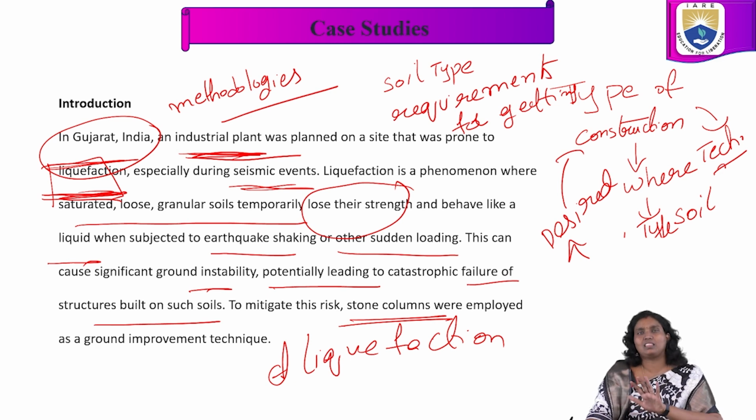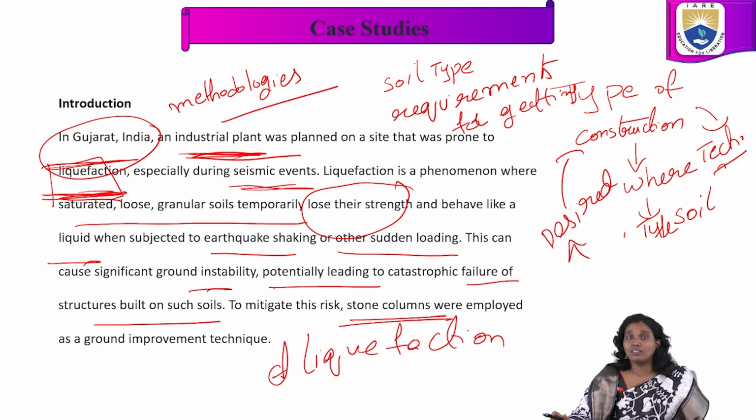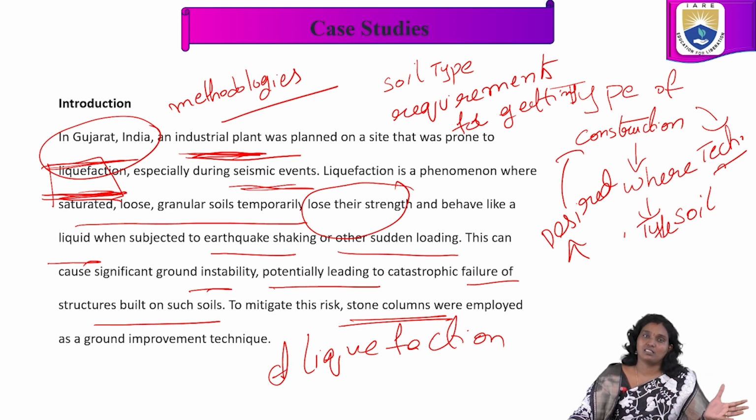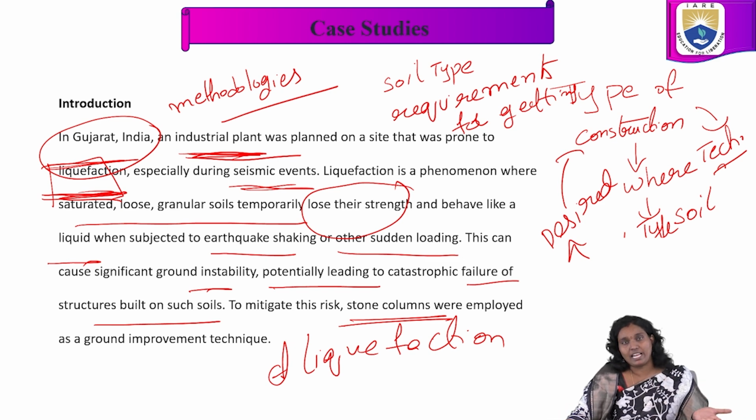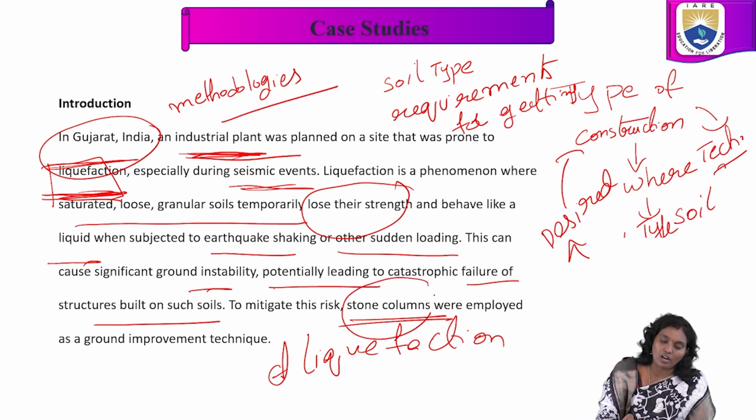At the time of earthquakes or seismic waves, the soil is going to lose its stability and potentiality, but when we choose this technique, it reduces those effects. So the technique is stone columns.